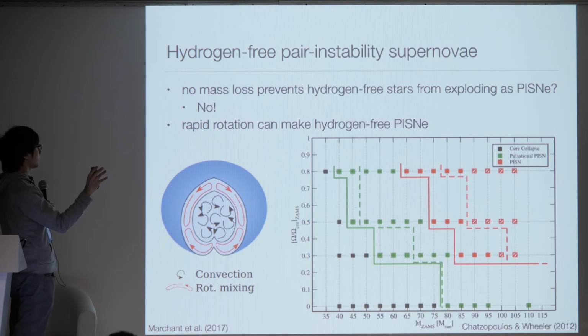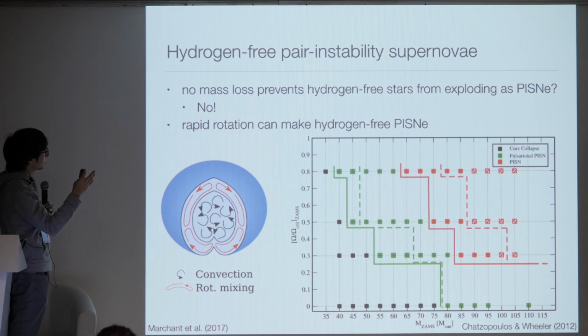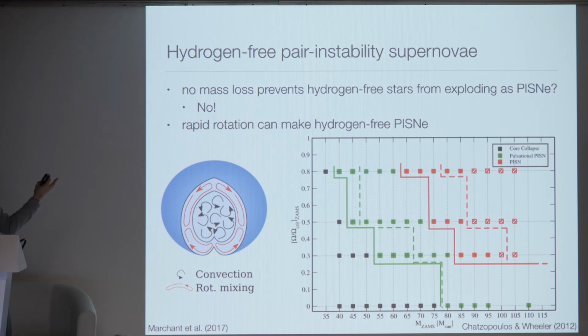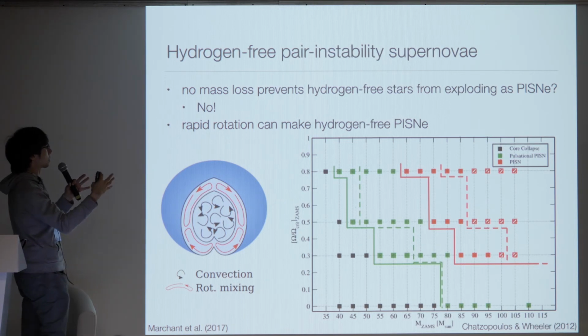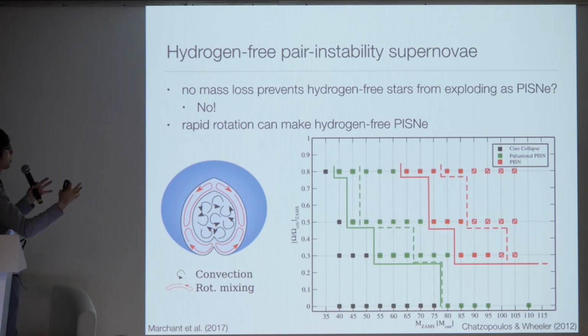So if the star is, let's say, 100 solar masses, and it is rapidly rotating, even if there's no mass loss, this rapidly rotating star will evolve like a single core, and that can lead to a 100 solar mass helium core. So even without mass loss, if there's rapid rotation, you can have a hydrogen-free massive core which can explode as a pair instability supernova.